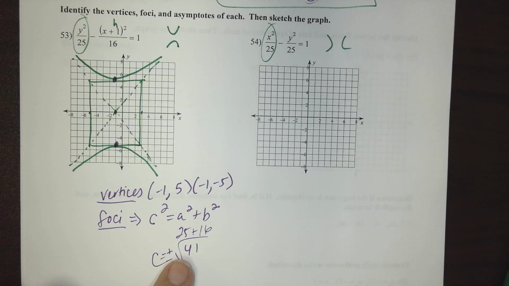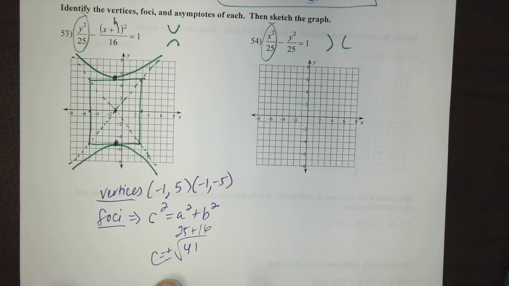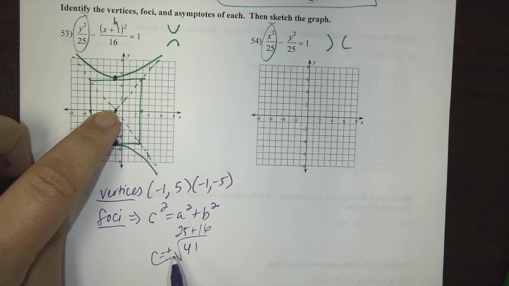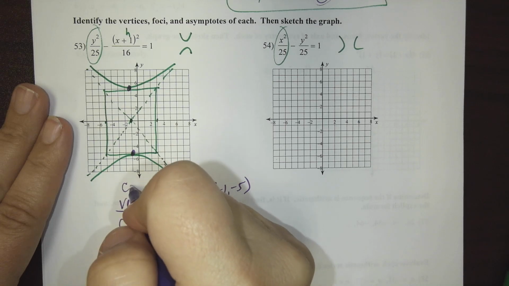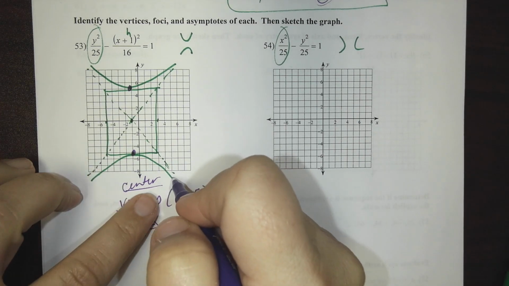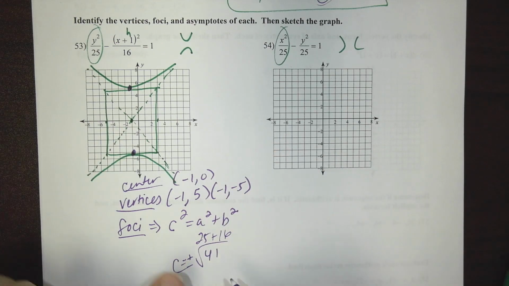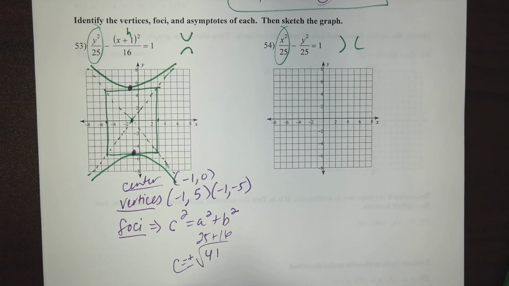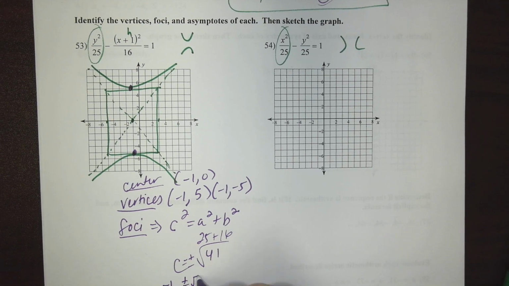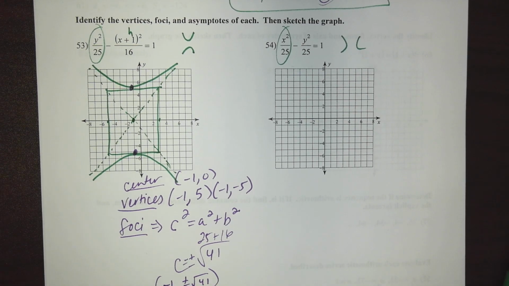And then you're going to add that to your center, which, you don't need to know this, but it's good to write down, was at -1, 0. So you're going to add that since it's up down to the 0. So you're going to have foci at -1 plus or minus square root of 41.